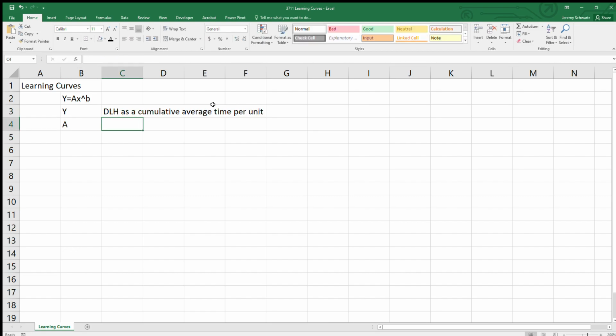A is the number of direct labor hours for the first unit. X is output, in other words, the number of units produced. And b is the index of learning.